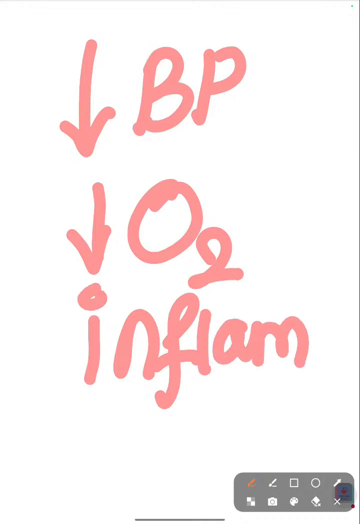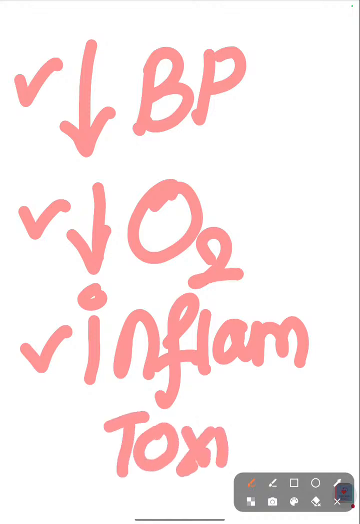So three things take place: decrease in effective circulating blood leading to hypotension, decreased supply of oxygen to tissues and cells leading to anoxia, and inflammatory mediators and toxins released from shock-induced cellular injury.